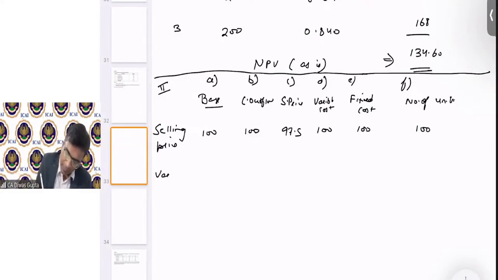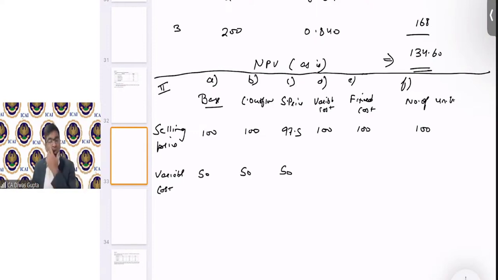Then variable cost. Variable cost will be 50, 50, 50. And in the D case, the change in the variable cost, it will increase by 2.5%. So 50 plus 2.5% of 50, which is 51.25. Here also it will be 50, here also 50. So what is the net contribution?